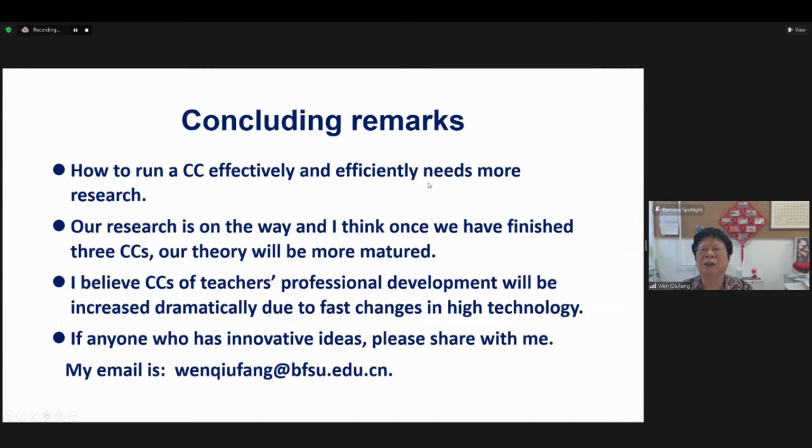Okay, concluding remarks. How to run a CC effectively and efficiently needs more research. Our research is on the way. I think once we have finished the three CCs, our theory will be more mature. I believe CCs for teachers' professional development will increase dramatically due to fast changes in high technology.